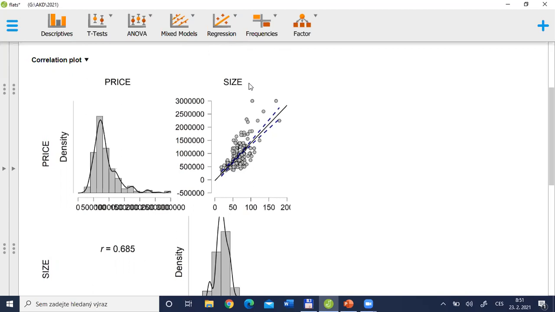But at least for this case, as we are trying to model prices of the flat by its sizes, we were quite successful. By only one independent variable, we were able to explain nearly 1/2 of variance of prices. So that's quite a successful case.